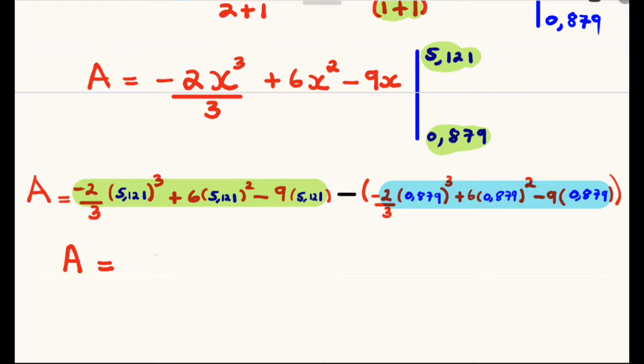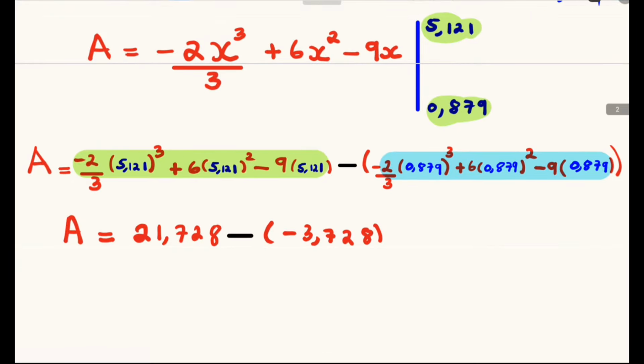The first part will be equal to 21.728 minus negative 3.728. Sorry, that part was supposed to be 8, not 9.